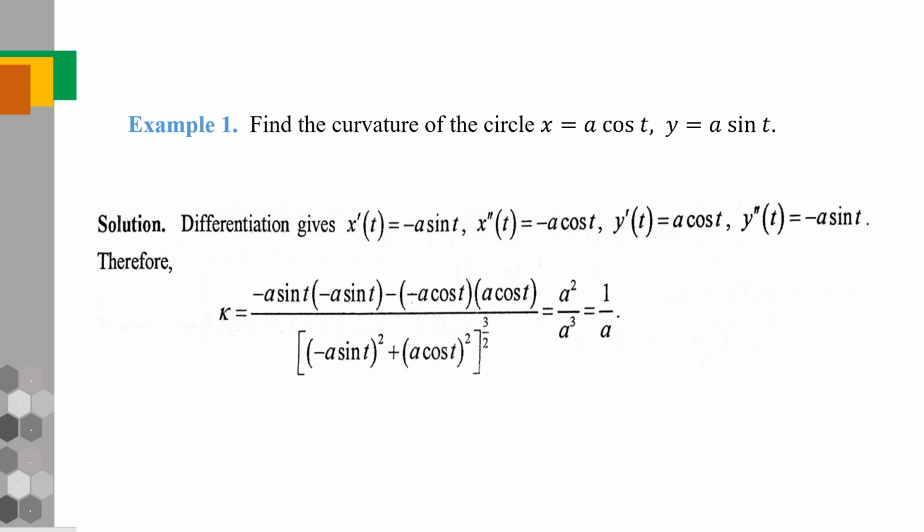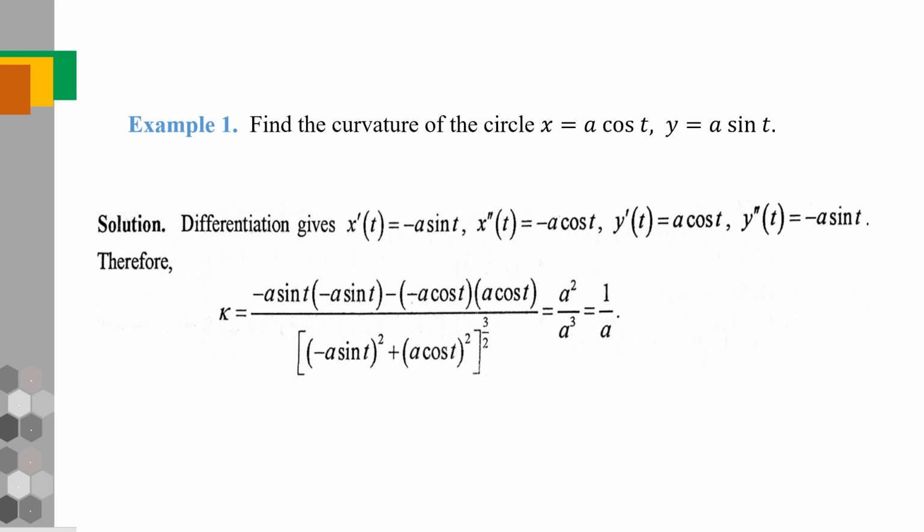So we have x prime of t, yung derivative ng x, that is negative a sine of t, then yung second derivative is negative a cosine of t. Para naman sa y, we have y prime equals a cosine of t and y double prime equals negative a sine of t. Okay, so according to the formula, we have x prime times y double prime minus x double prime times y prime.